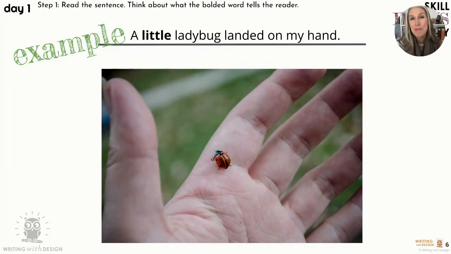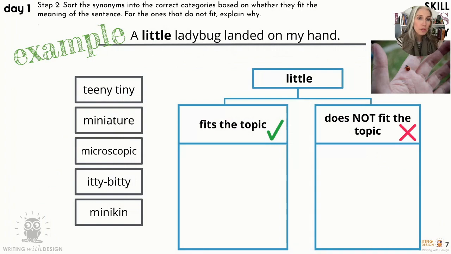That it's not a very big ladybug. And plus the picture really helps us see how teeny tiny the ladybug is. So first, we want to have a discussion about that bolded word to make sure that we understand what it means. Then step 2 is going to be sorting the synonyms. So we will provide 5 synonyms for each of the keywords, the bolded word that we're looking for each day.